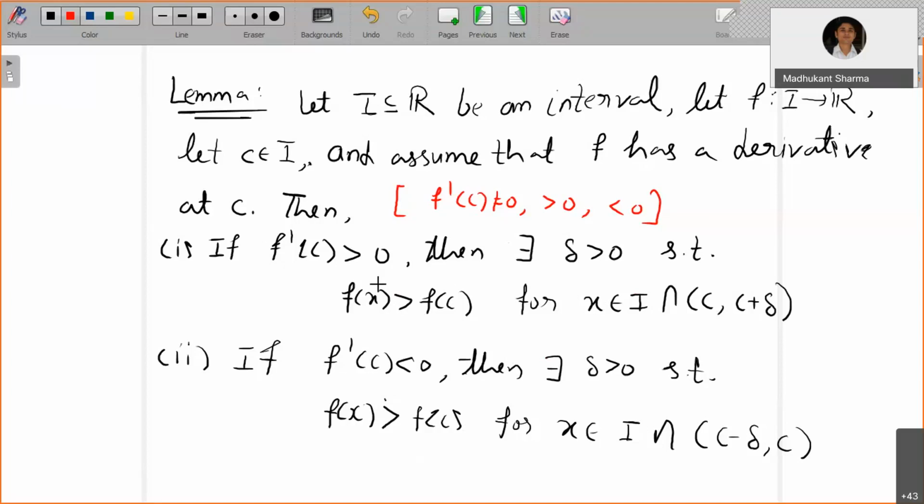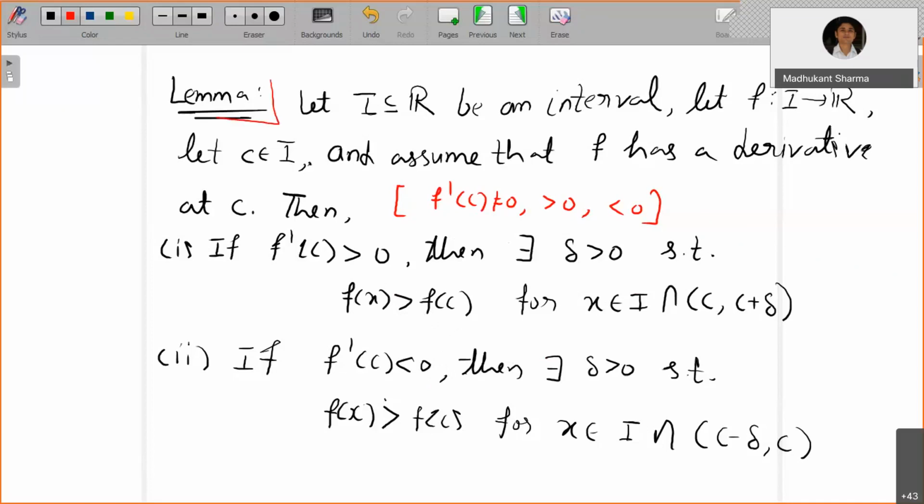What you need to understand is, if f dash of c is not equal to 0, that is, either greater than 0 or less than 0, then in either case it is not going to be a relative maximum. We are going to use this, and we call it a lemma.